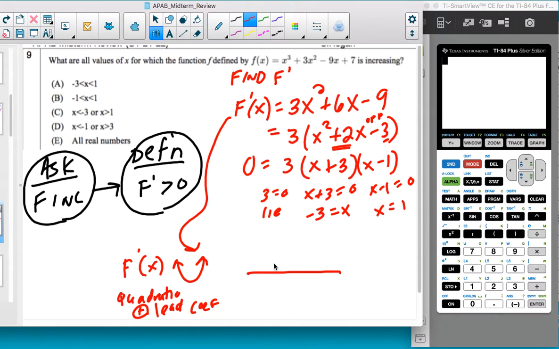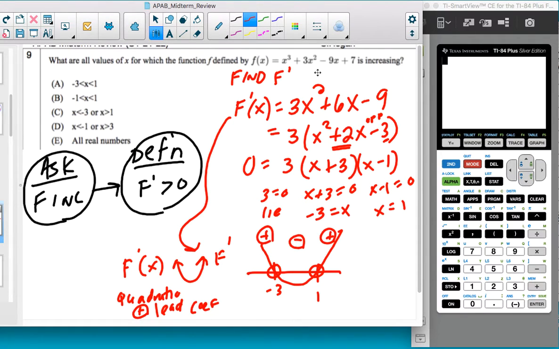Knowing that, if I know the two zeros, I know that the two roots are at negative 3 and 1, which I put in correct order from left to right because number lines ascend from left to right, so negative 3 should be farther to the left. And then I draw my really casual smile that goes through those two things. This is not in any way an accurate version of the graph, but it gives me everything I need because I can see that here f prime is positive, then negative because it's below the axis here, and then positive.